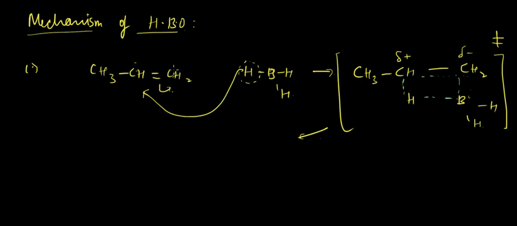Had it been the opposite, negative here and positive here, the negative would be highly unstable because of the presence of two +I effects nearby this carbon atom, whereas negative on this carbon atom would be more stable for obvious reasons. So the negative would be attacking the B atom. As a result, H minus will be leaving and attaching on this carbon atom with a partial positive charge. Okay, as a result we will be getting something like this.